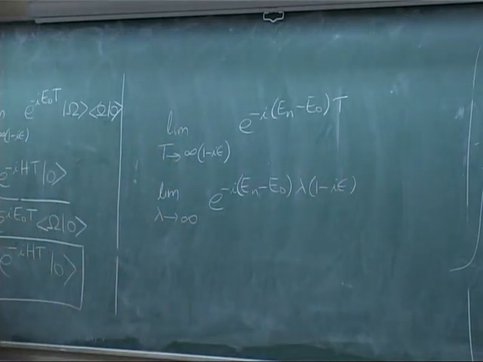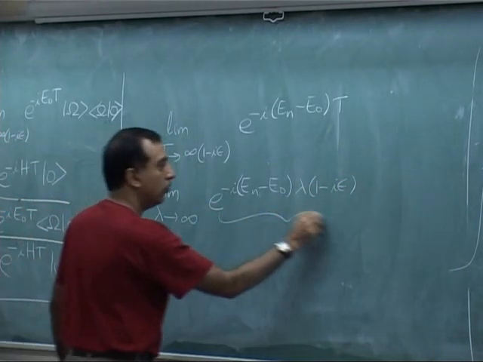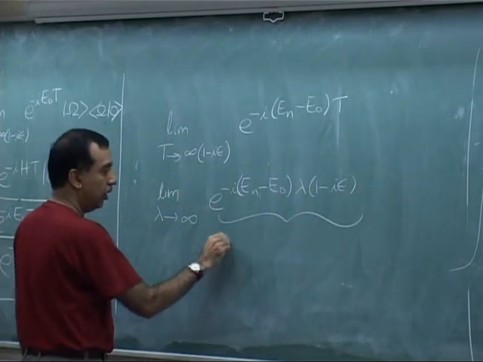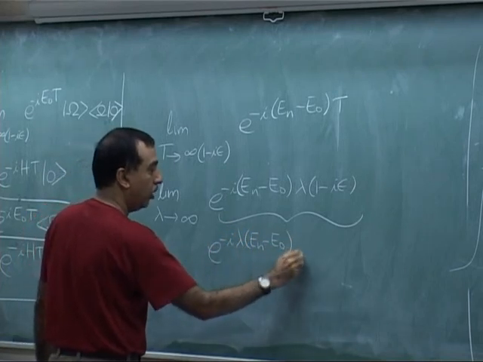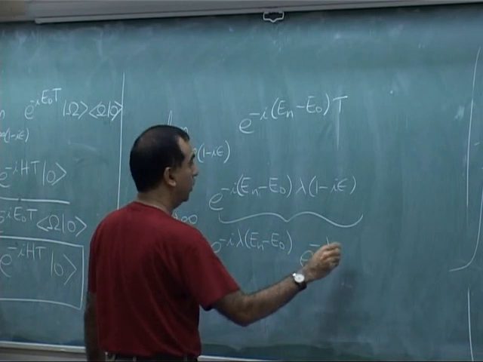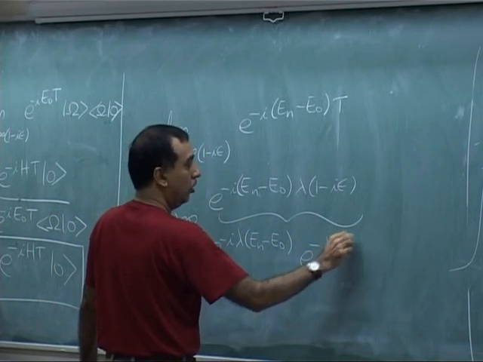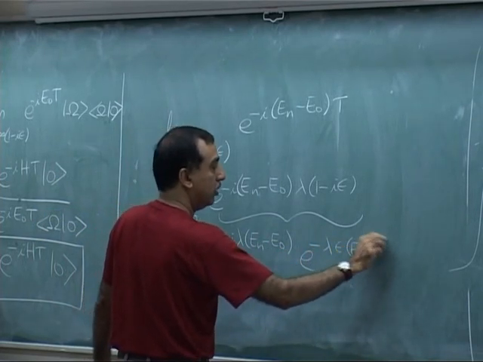Alright? So let's do this. This has two terms: e to the minus i lambda (En minus E0), and e to the minus lambda epsilon (En minus E0).